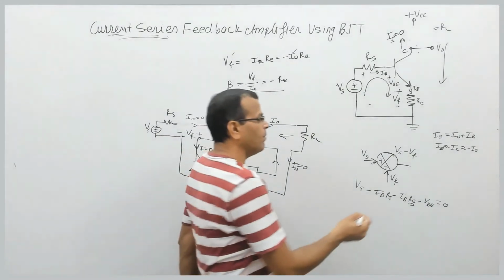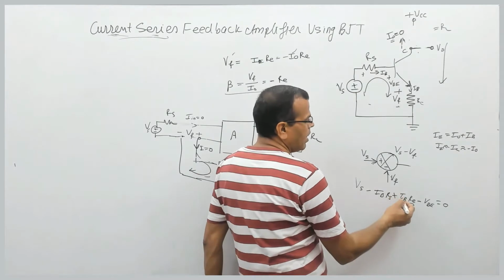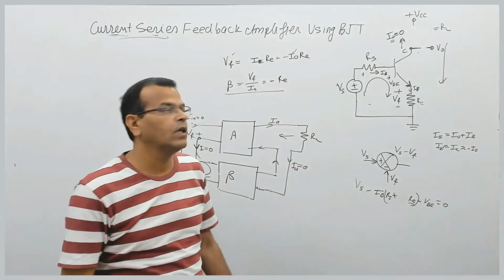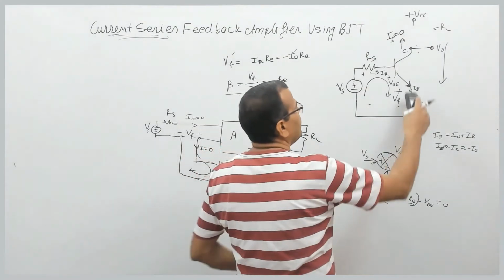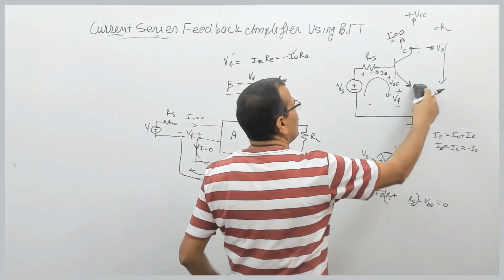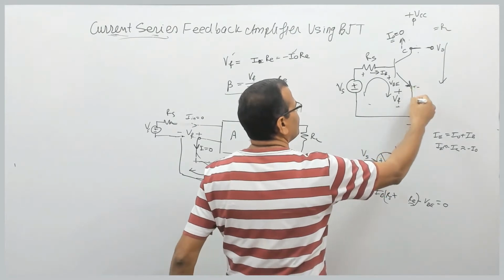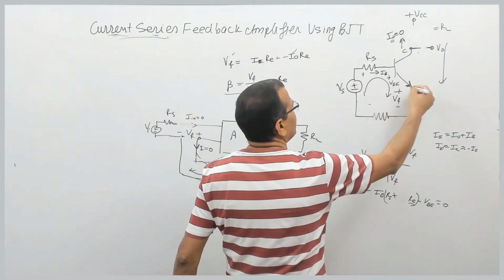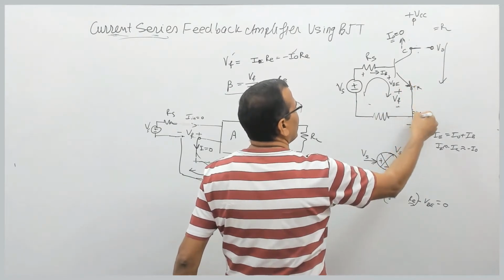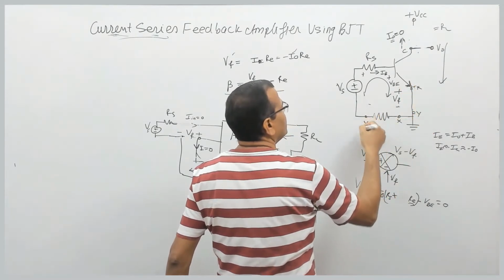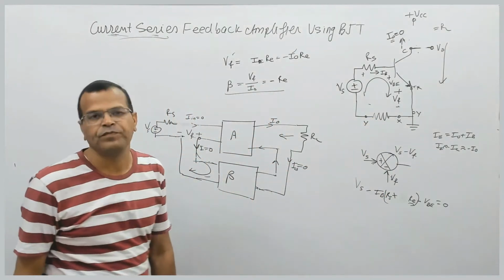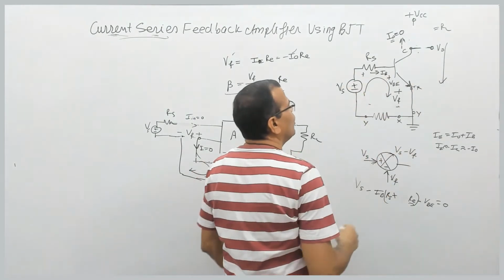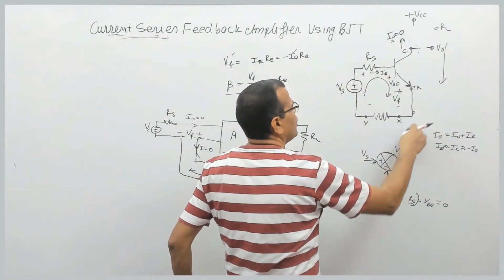So if I multiply this RE and RS by the base current, I can take this RE on the input side like this, right? If this terminal was X, this was Y, so this terminal is X, this terminal is Y. Fine. So this circuit is the input circuit without feedback loading.